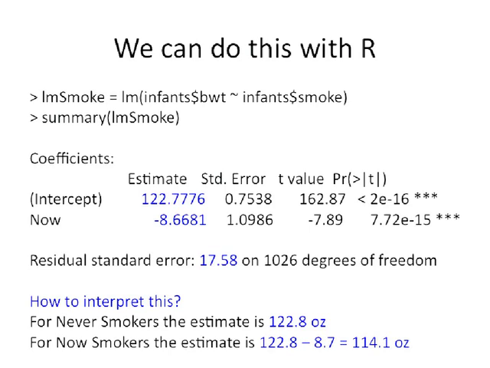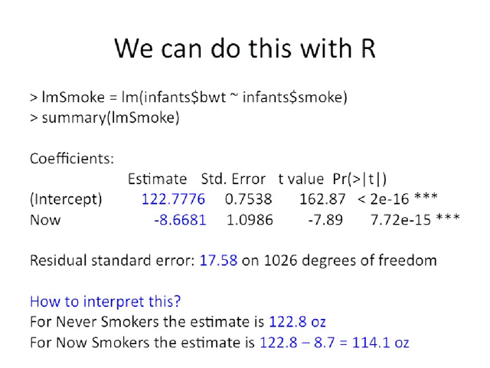The other thing is you can come up with the estimate of those two averages. You are given an intercept, which is 122.7, and then something that you add on if the mother is currently smoking. The intercept is for the moms who never smoked, so that's your estimate, 122.8. Then you add on negative 8.7 if you're currently smoking, and you get 114.1.